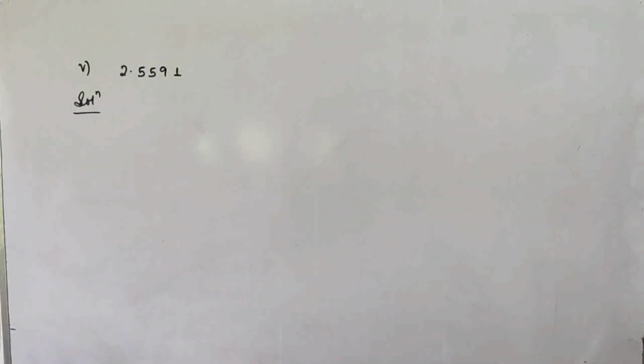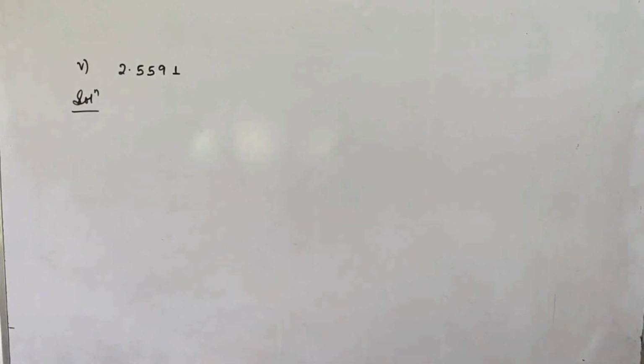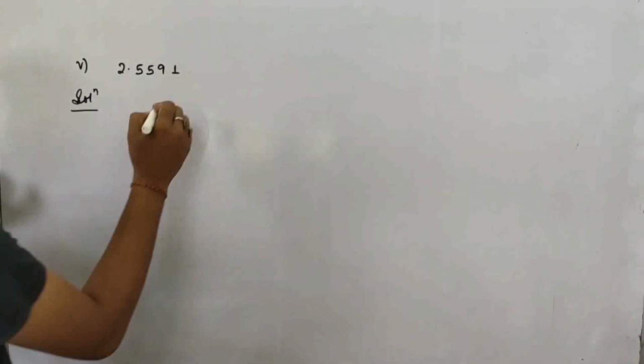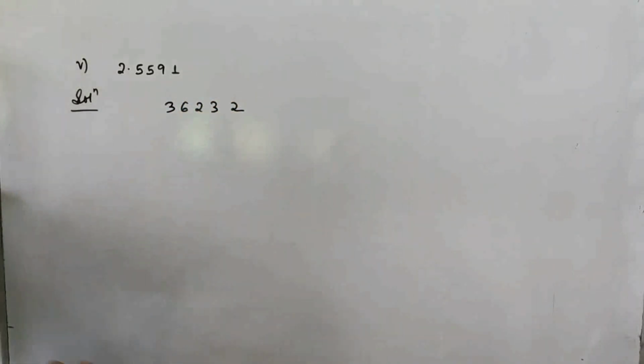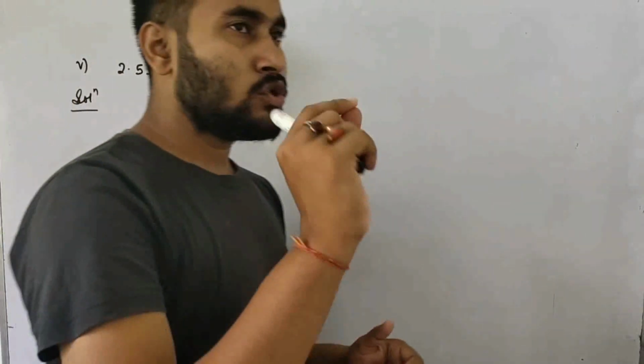Okay, let me check the value for 5591. Two plus 3, 2, 6 and 3. 36232. Okay, done.